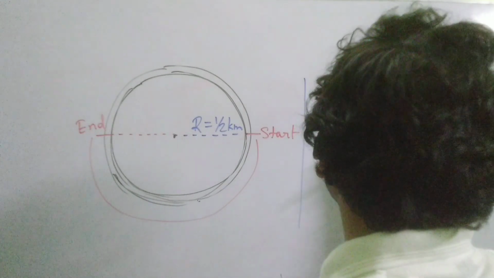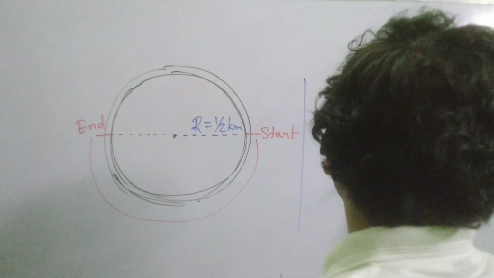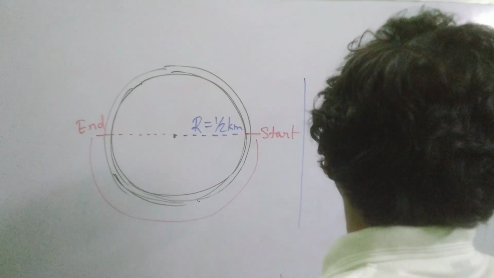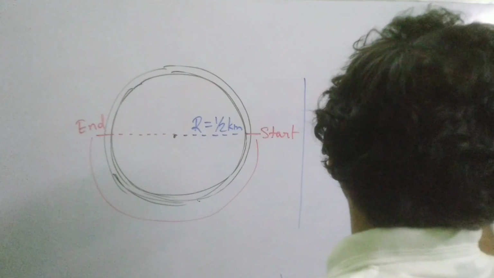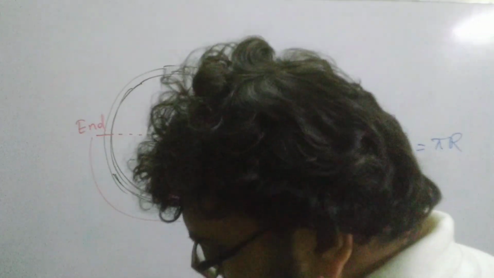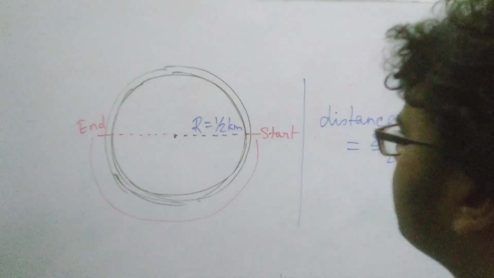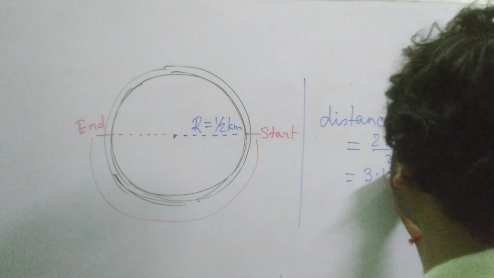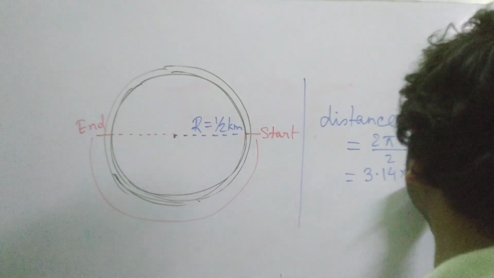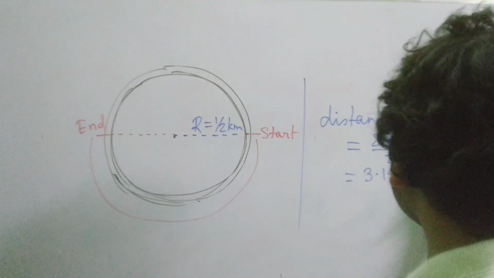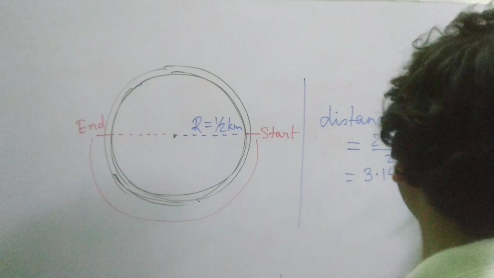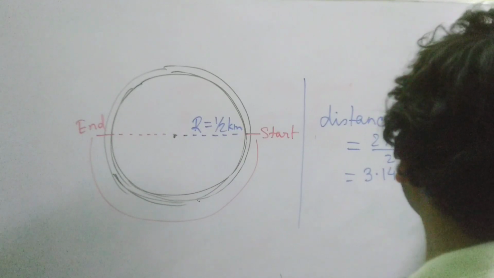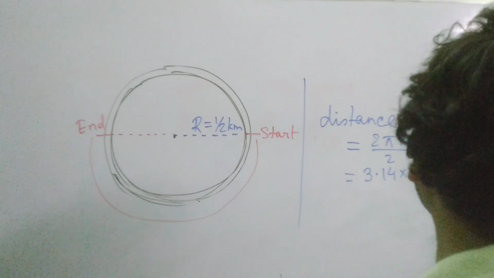So here it will be 2 pi r by 2, that is equivalent to pi into r, and as the radius was given to be half kilometer, if I consider the value of pi to be 3.14, then it must be 3.14 into half, that is equal to 1.57 kilometer, isn't it?